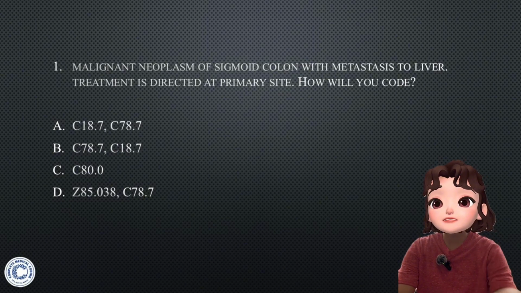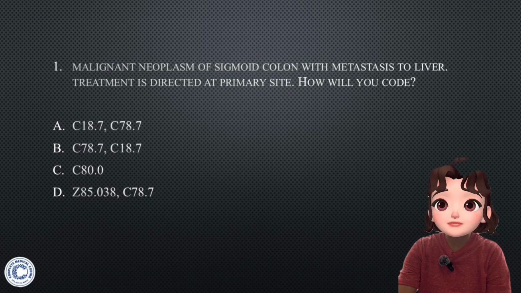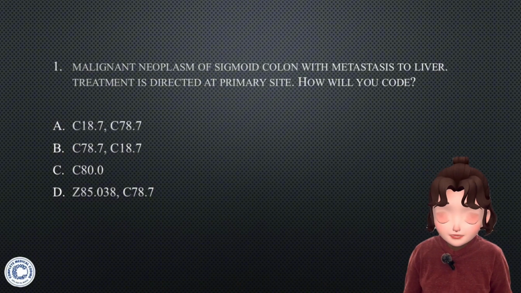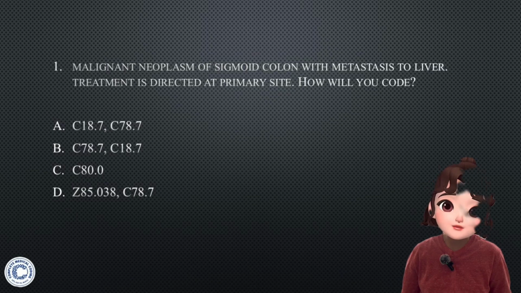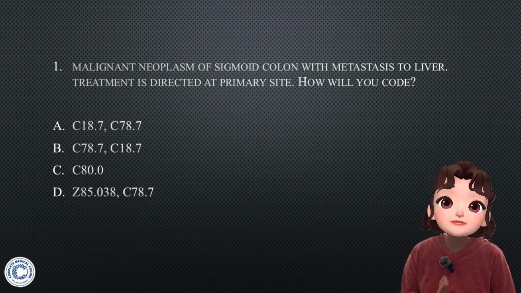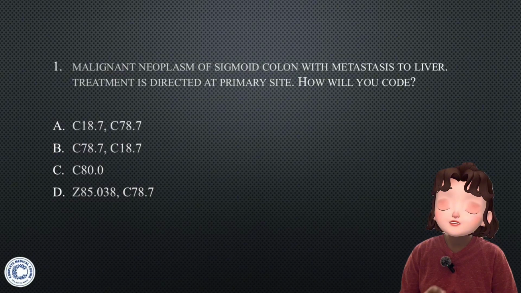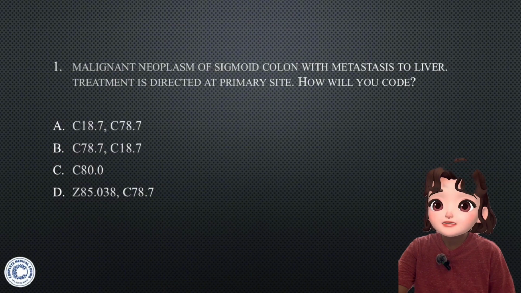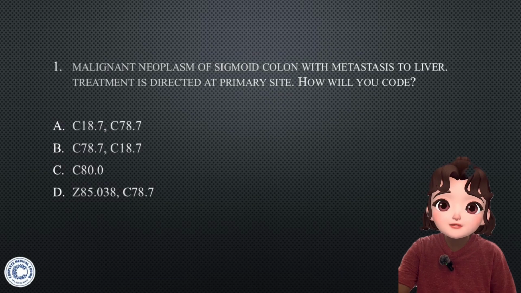C18.7 is malignant neoplasm of sigmoid colon, and C78.7 is secondary malignant neoplasm of liver. Of course, here it is metastasis to liver, so it means the second site is liver. So that is what we need.